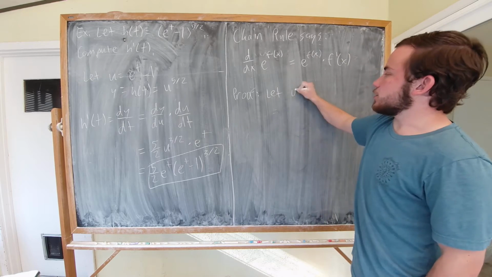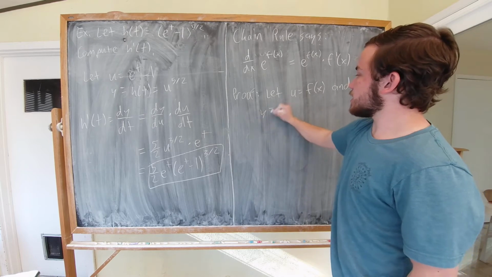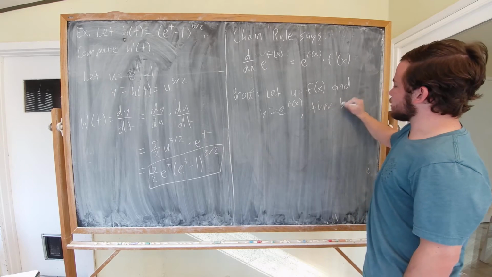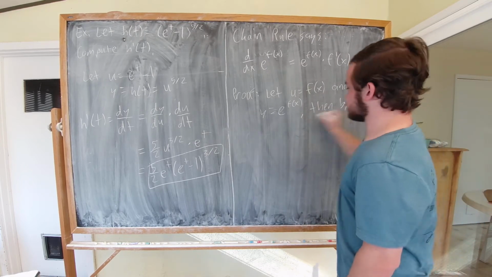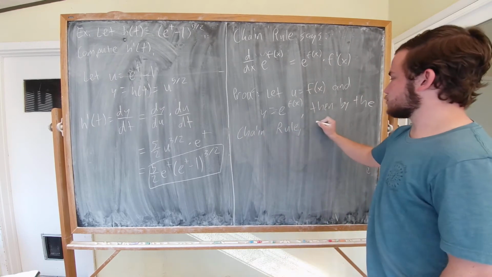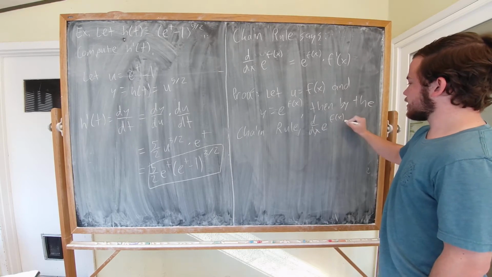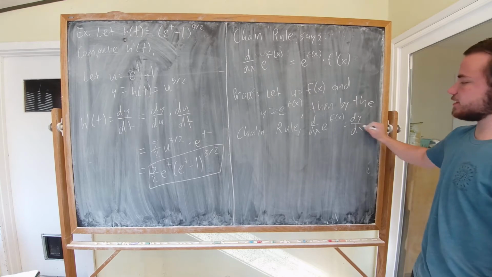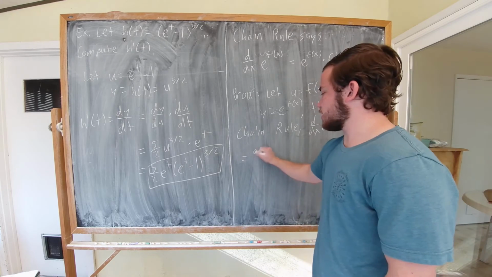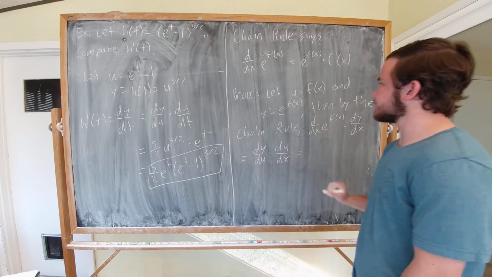If we let u equal f of x and y equal e to the f of x, then by the chain rule, the derivative with respect to x of e to the f of x is dy dx, since we've set y up to be that thing, which is dy du times du dx.